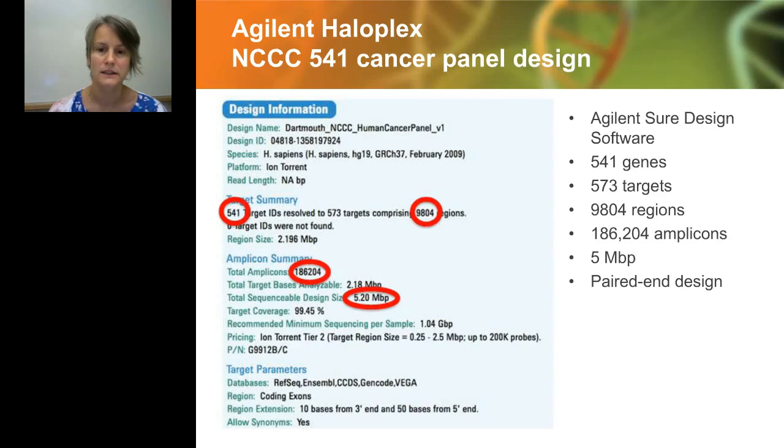And so this was 186,000 amplicons. It was a paired-end design so that we could look in both directions for each of the genes on the panel. And that's one thing that Ion Torrent doesn't have the ability to do, is paired-end sequencing. So this was attractive to us as well.